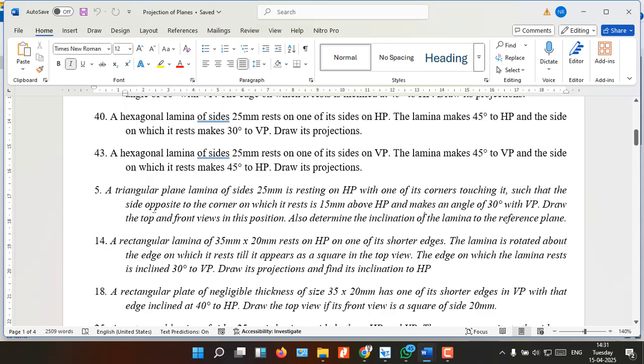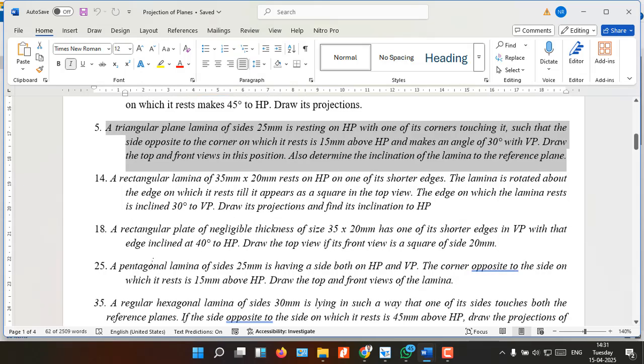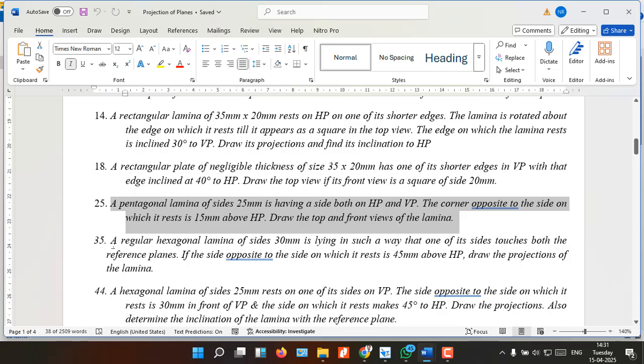Now when it comes to the second category, here we have a set of problems where we will take up three problems: one triangular lamina, one pentagonal lamina, and one hexagonal lamina.